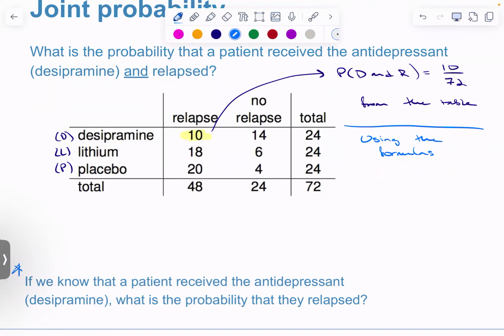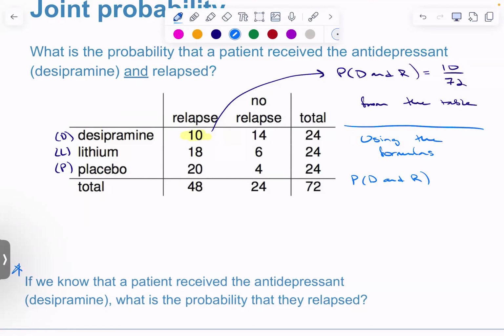I jumped the gun. No, we can do it. Still have to read the table. We'll have done the next question, basically, but that's okay.